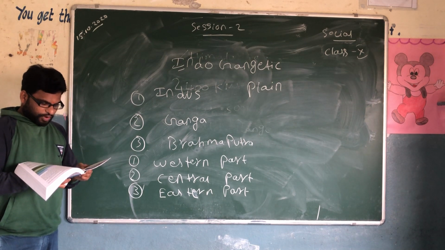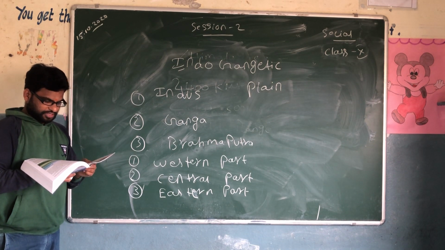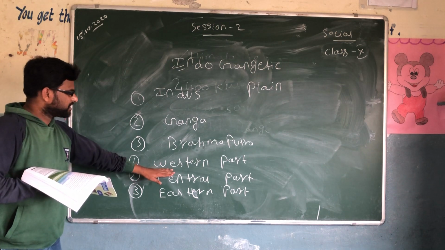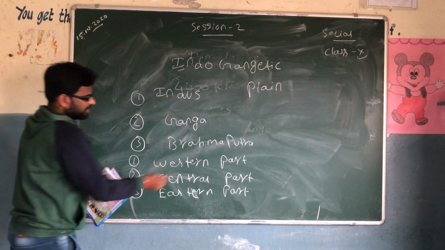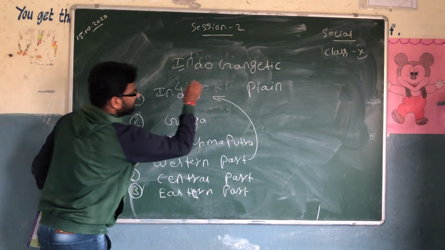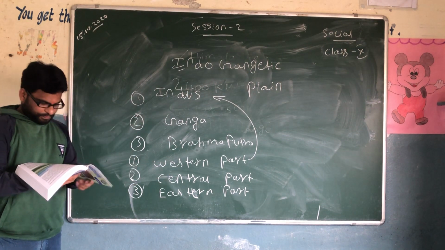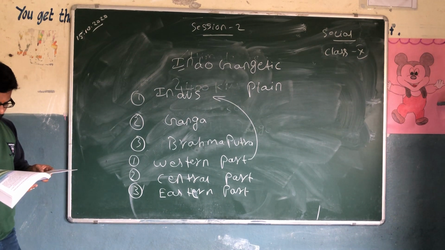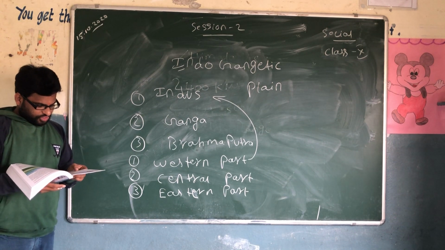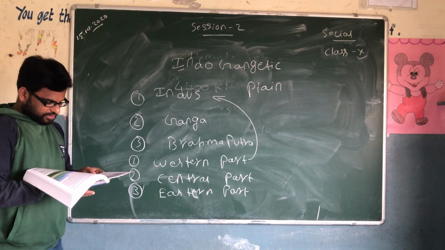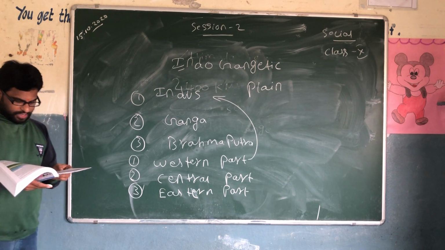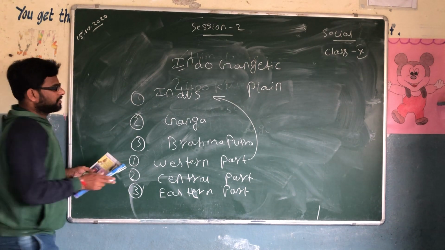The western part was formed by the Indus and its tributaries. Here the western part is related to the Indus river. It got formed through the Indus river. The Jhelum, the Chenab, the Ravi, the Beas and the Satluj flow from the Himalayas.